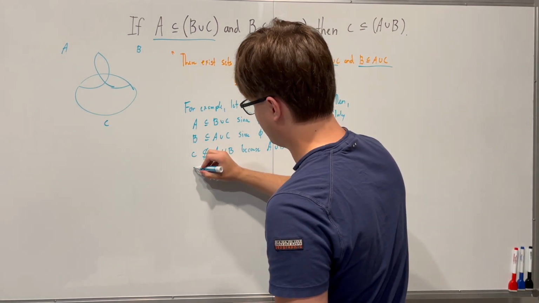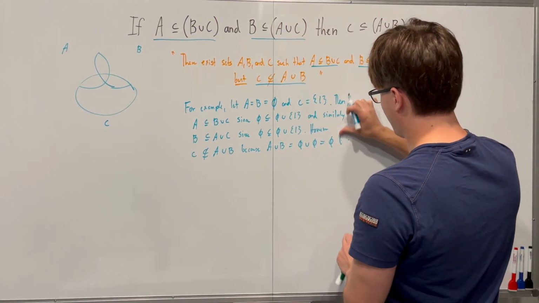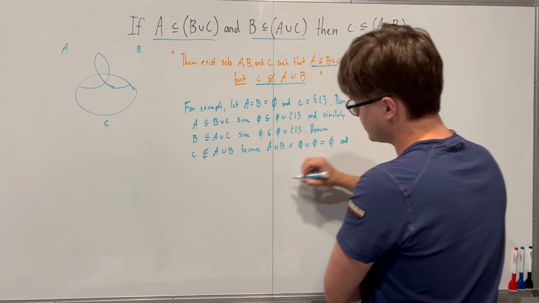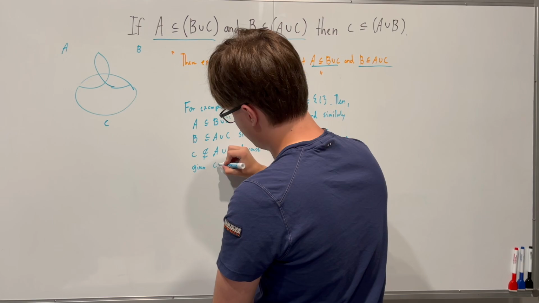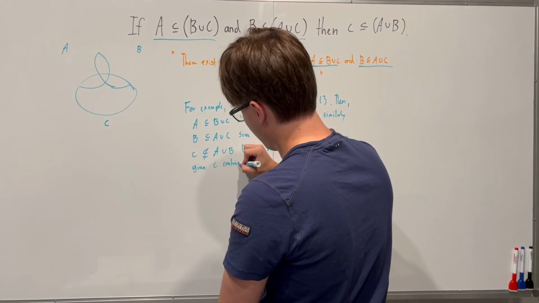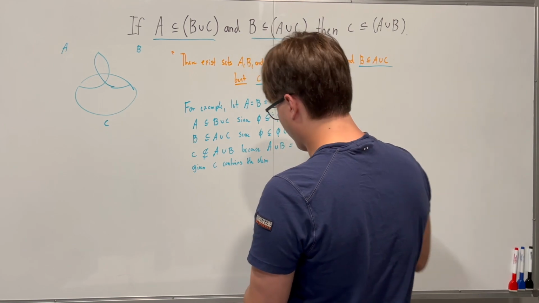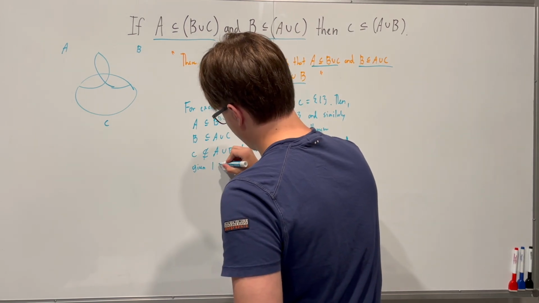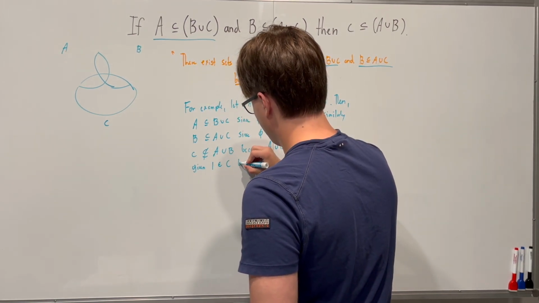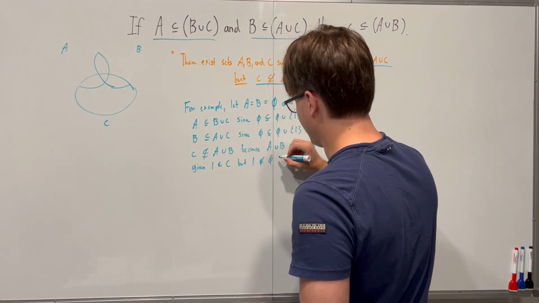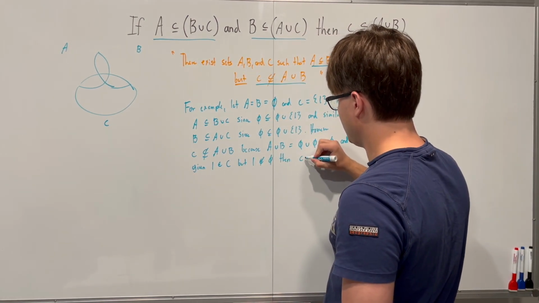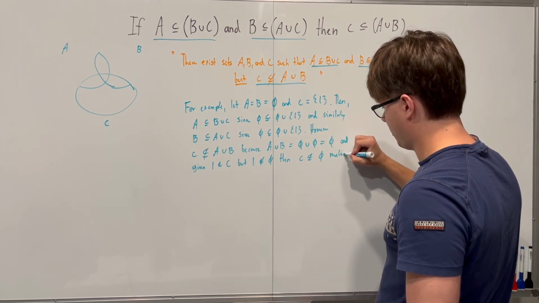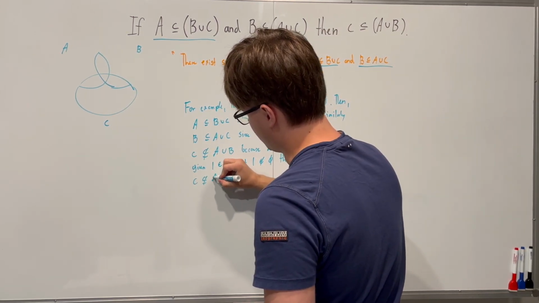Given that 1 is going to be an element of C, but 1 is not an element of the empty set, then C is not a subset of the empty set, making C not a subset of A union B.